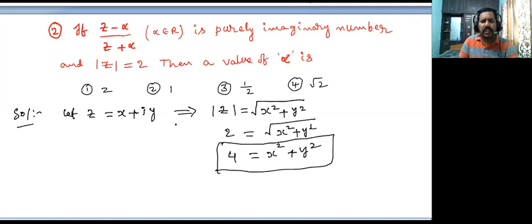Next another one, see that here they have given the complex number z minus alpha divided by z plus alpha. So that complex number I am taking p. Let p is equal to z minus alpha divided by z plus alpha. What is z? Z means x plus iy.